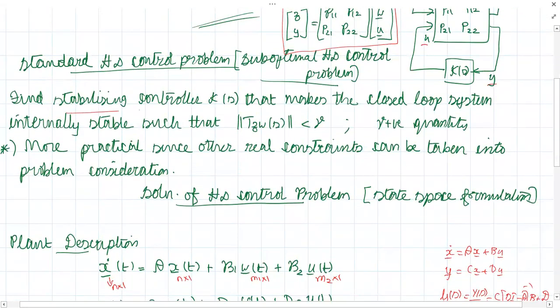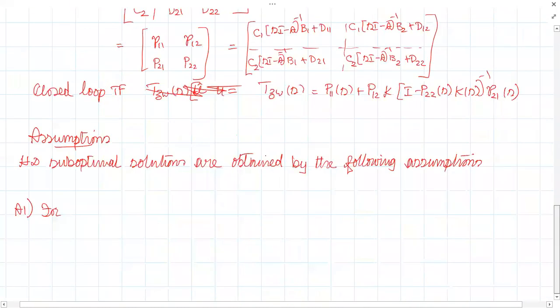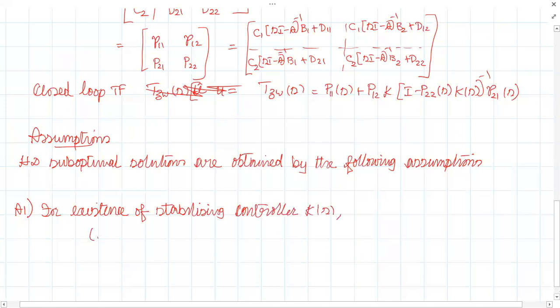You have to find a stabilizing controller. So for existence of such a stabilizing controller K(s), the pair (A, B2) must be stabilizable, and the pair (A, C2) must be detectable.